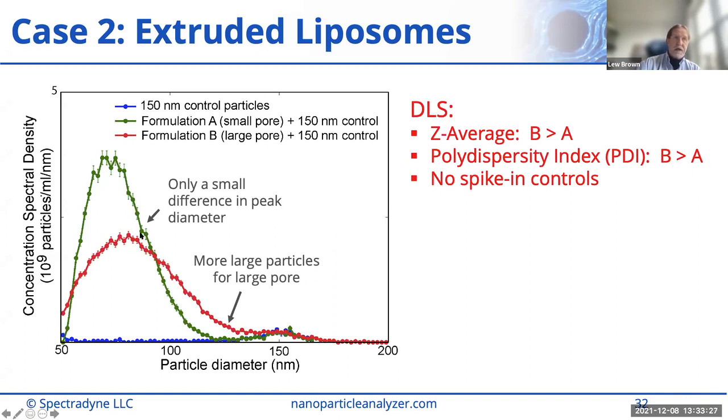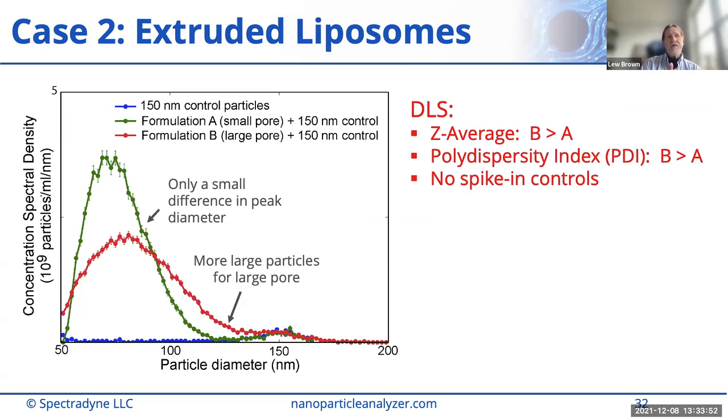One, there is a slight shift here, but more importantly, as Jean-Luc said, there are more large particles, and what that's going to do is it's going to cause the distribution, the Z average, to be skewed towards the right or towards higher sizes. So we would expect, if we did measure this with DLS, that the Z average for B would be significantly higher than A.